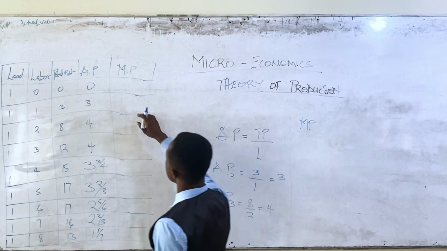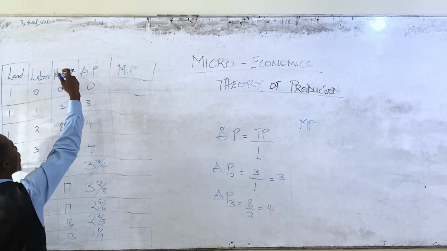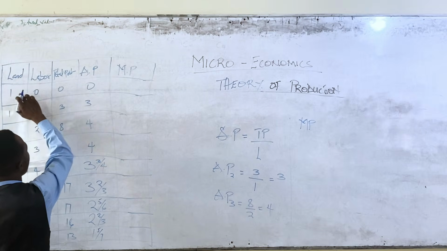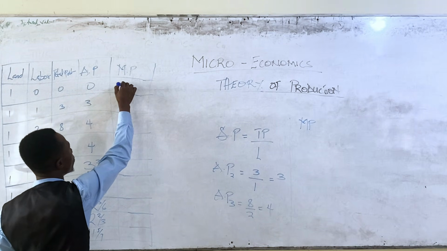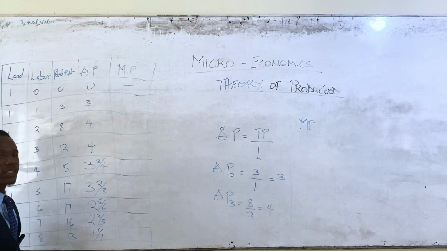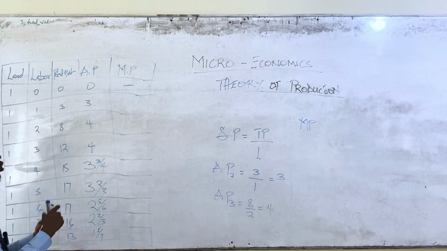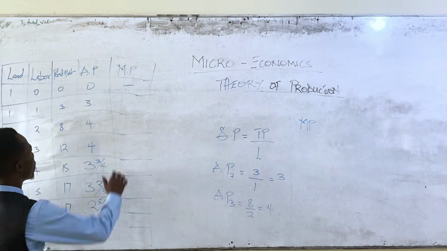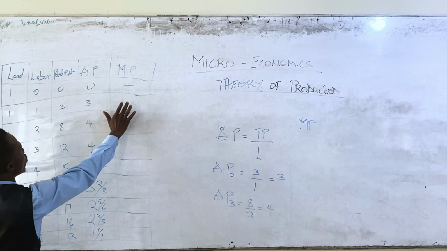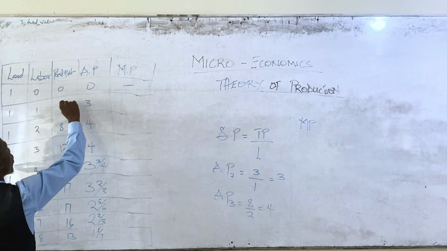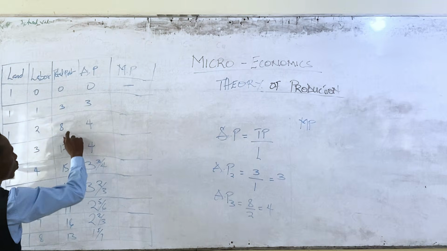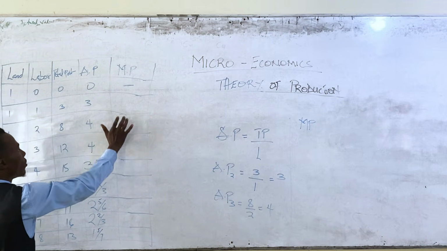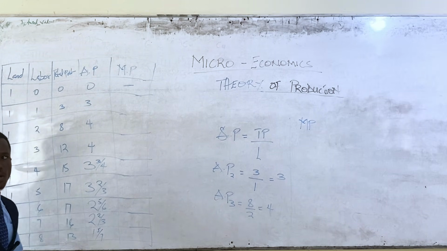Because we don't know the one that comes before the first stage, the marginal product there is not even 0, it is going to be a dash. So you just bring your dash here. Then you always start from level 2, because you always need two levels before you can compute the marginal product.